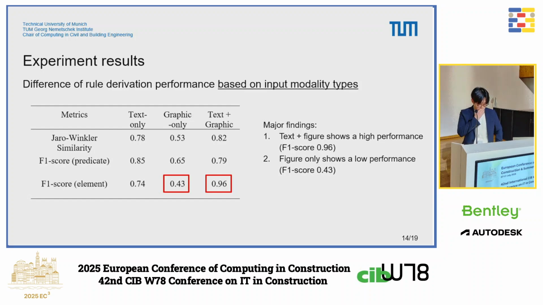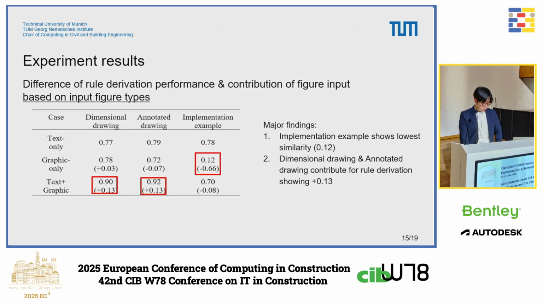This reinforced the idea that textual information is essential for rule derivation, but figures can enhance rule interpretation when combined properly. After we analyzed the performance differences based on the figure types, we found that the implementation examples had the lowest similarity score, and the dimensional and annotated drawing case, on the other hand, showed a positive contribution to rule derivation with a small performance increase.